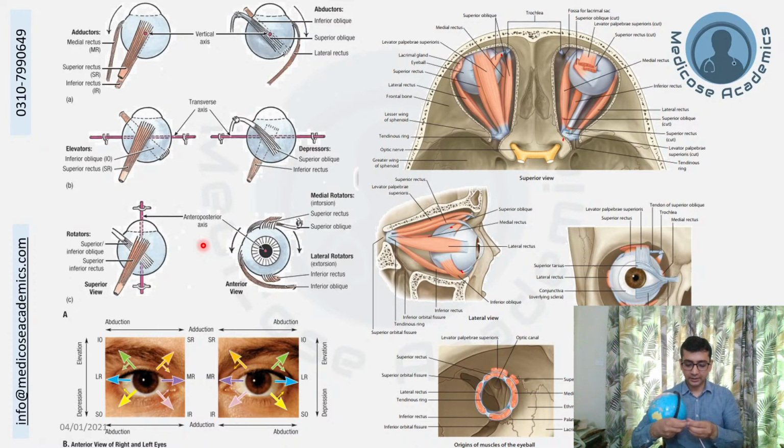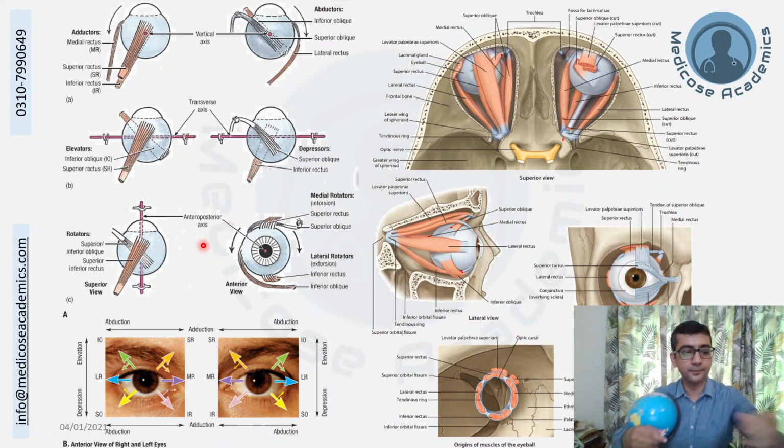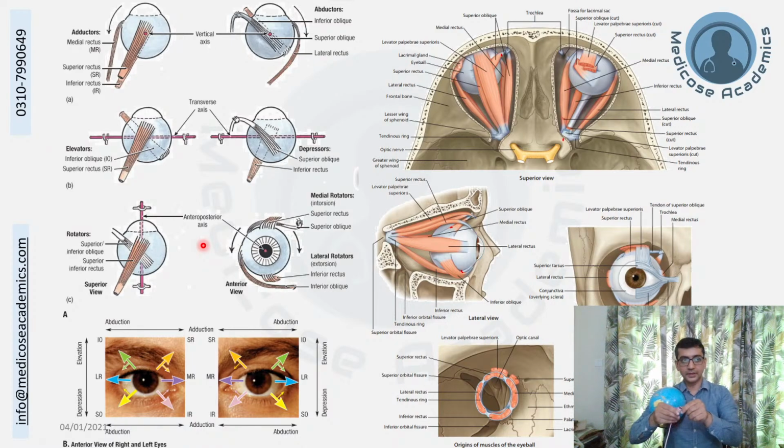And we are left with the anteroposterior axis. Let me get my muscle insertion. And we are left with the anteroposterior axis. Okay, here. The anteroposterior axis, the inferior rectus is attached.